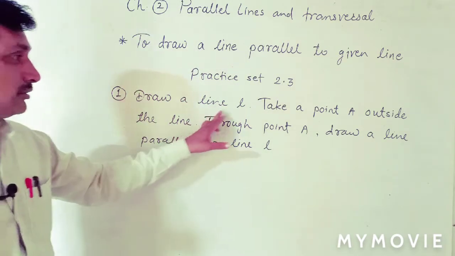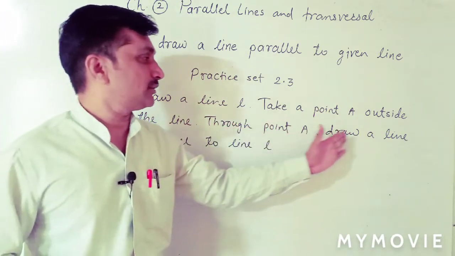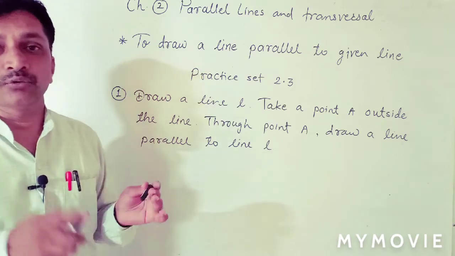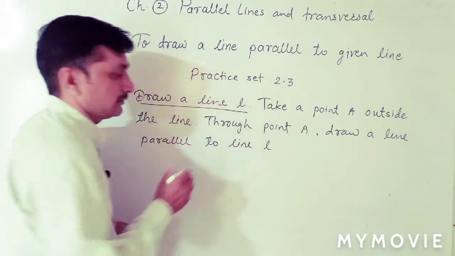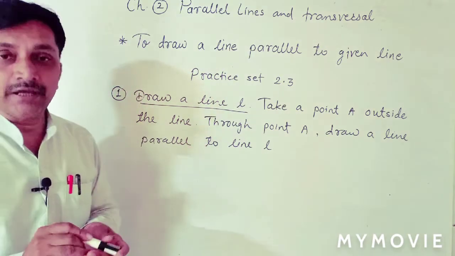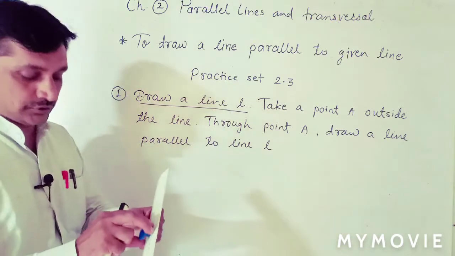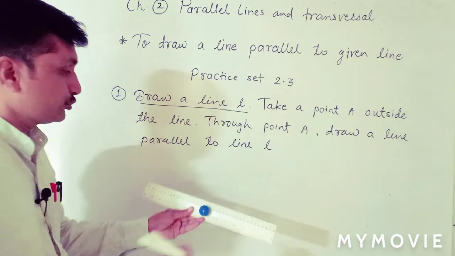Draw a line L, take a point A outside the line. Through point A, draw a line parallel to line L. Now here what we have to do? We have to draw a line first, line L. Now using the scale, take the scale and draw a line.